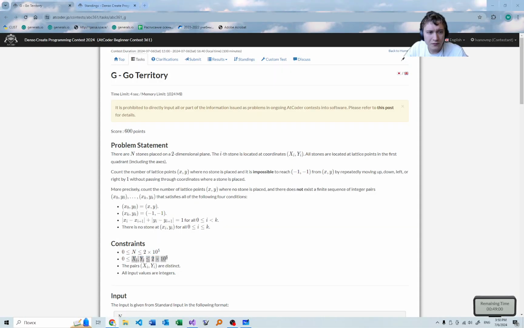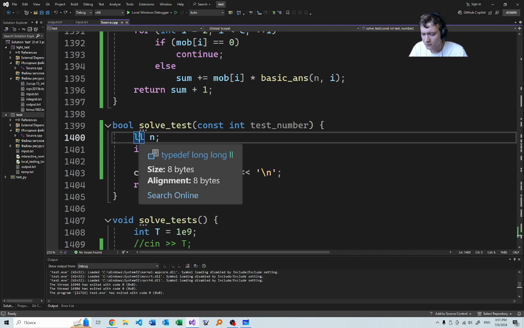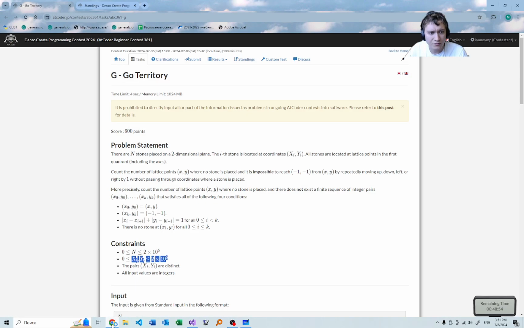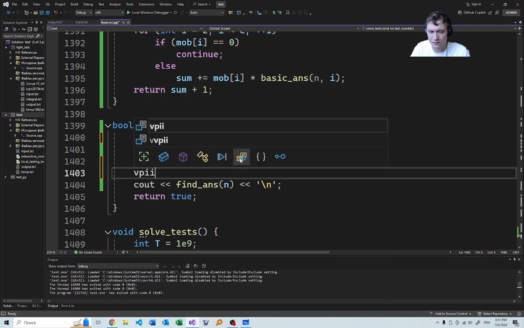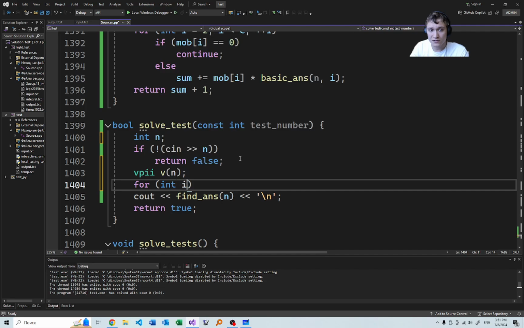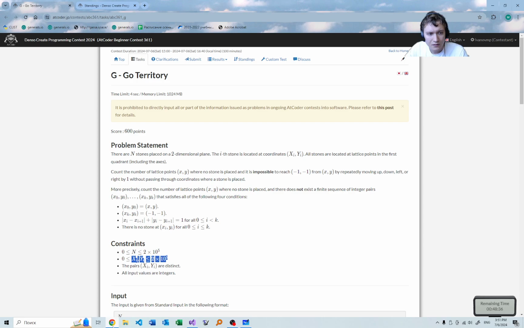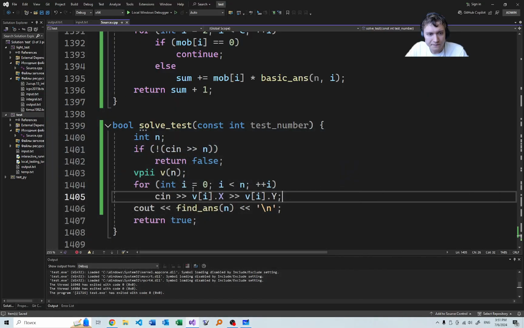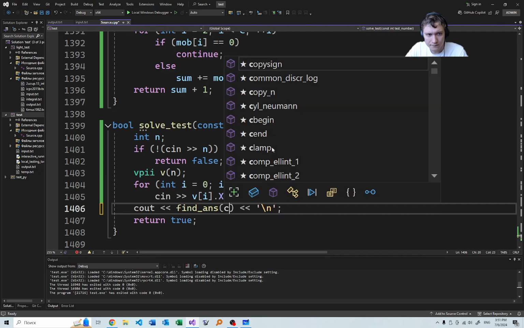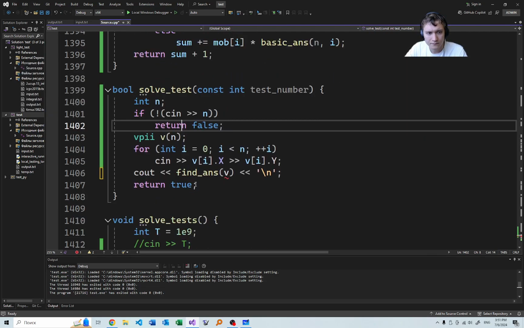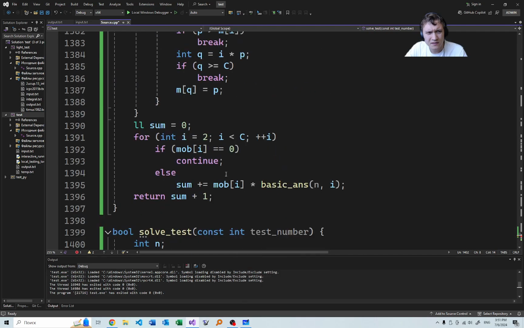So we need to read n. This is the number of stones. Then we need to read the coordinates. Then we need to calculate the answer. And actually maybe it is long.